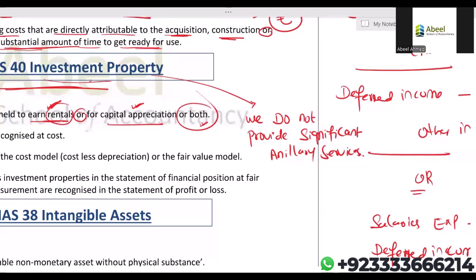But if I have given a bungalow on rent, I will not be providing the same services which are available in hotels. So always remember one point. The rental income which is coming from hotel properties, we apply IAS 16 because we are providing significant ancillary services. But in case of IAS 40, when we provide properties on rent, we do not provide significant ancillary services.